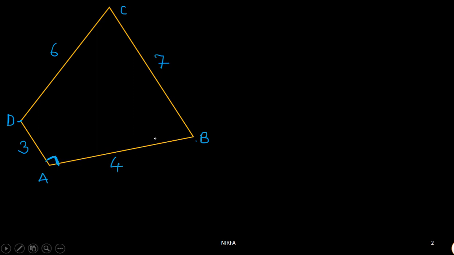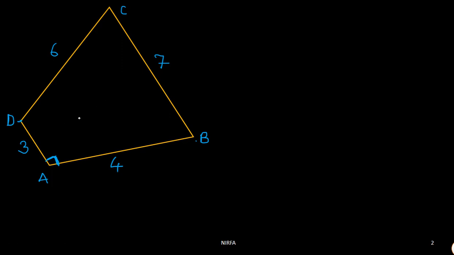That's why, what I am doing here is joining this diagonal DB. The diagonal DB will become the hypotenuse of triangle ABD, and once we draw the diagonal BD, this quadrilateral will be cut into two triangles.